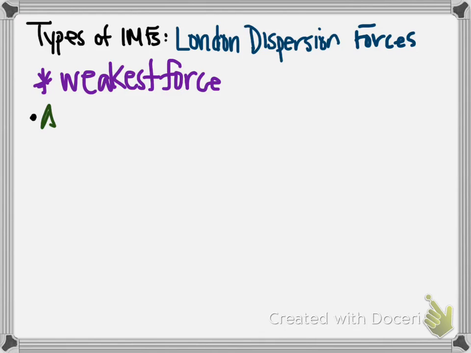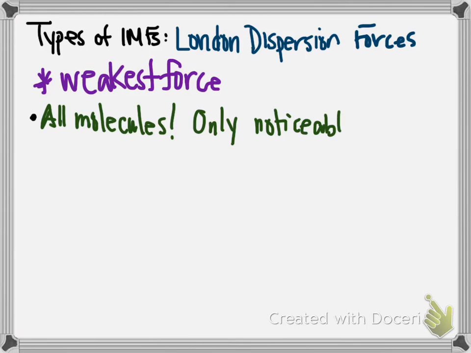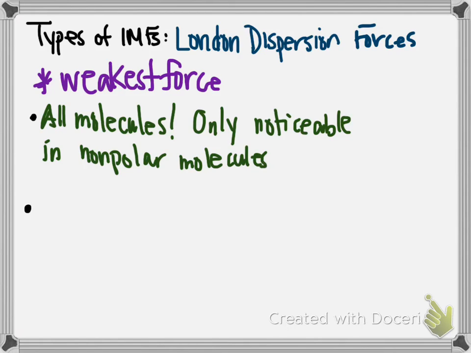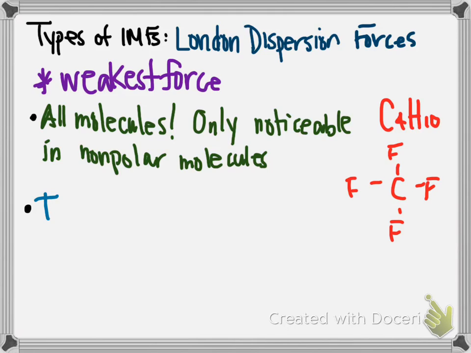After this, I'm just going to go bullet by bullet on your note sheet. The first bullet says what type of molecules experience London dispersion forces, and to give 2 examples. All molecules experience London dispersion forces. However, they are so weak that it's only noticeable in nonpolar molecules. So all molecules experience this, but if they experience any other type of IMF, then you're going to see that type of IMF.